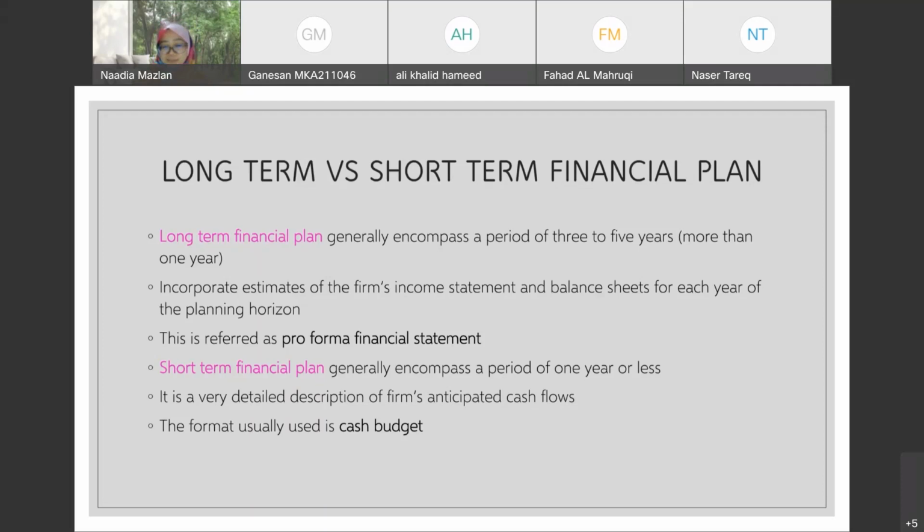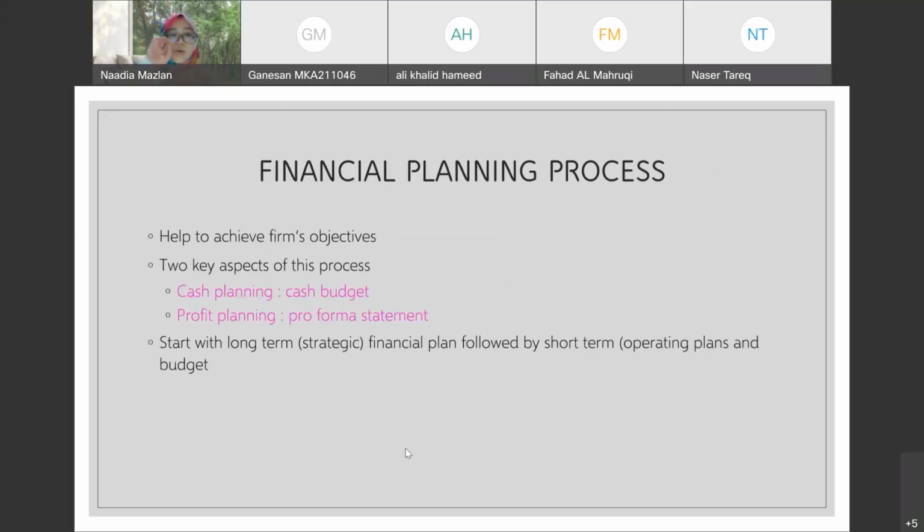Okay, all right. So now, why do we need the financial planning process to help achieve the firm's objective? What is your objective for your companies? There are 2 key aspects of the process: cash planning, which is your cash budget, and profit planning, which is your pro forma statement. Why do we need to learn about pro forma?